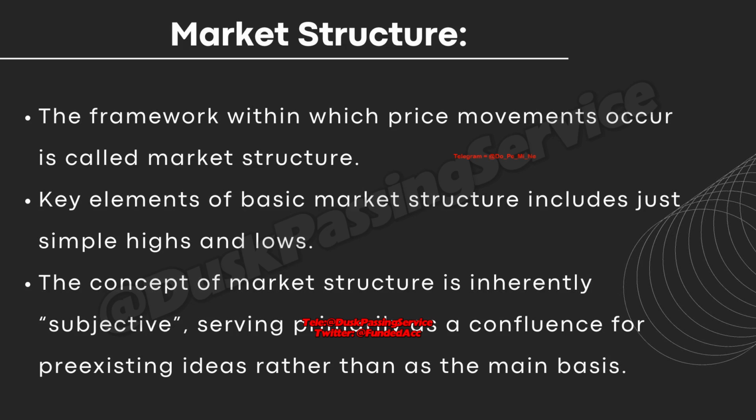And that's the exact reason why I explained market structure to you later in CPI, because I didn't want you to approach it as something that could be used to define the charts and define trade ideas predominantly, right? I didn't want you to have that perception about market structure. That's why I explained it later to you in CPI, because I want to give it to you as something that could be used as a confluence rather than as the main basis.